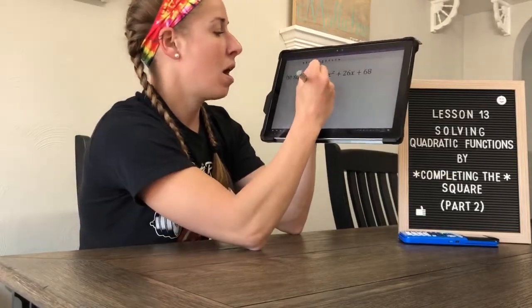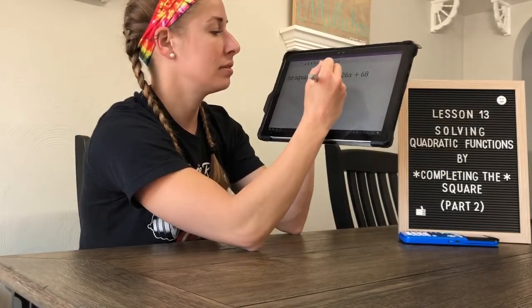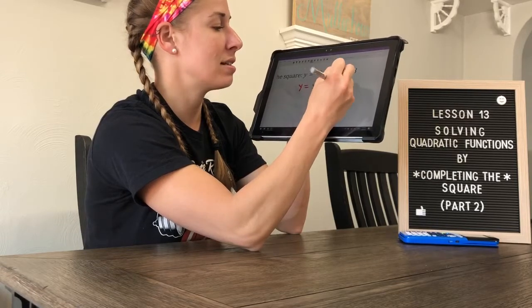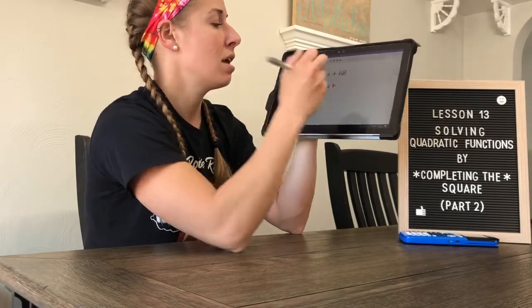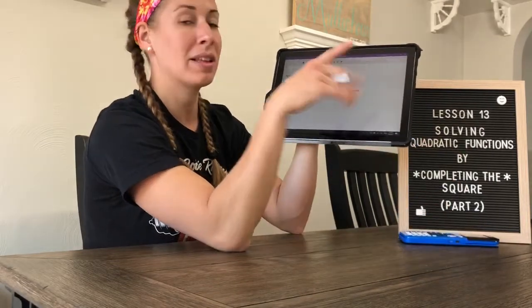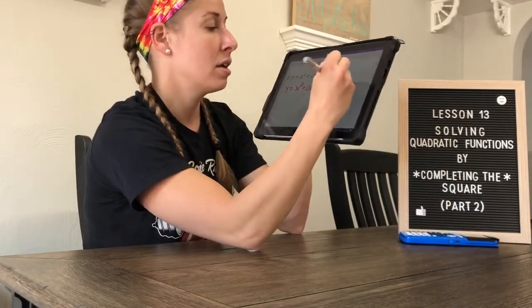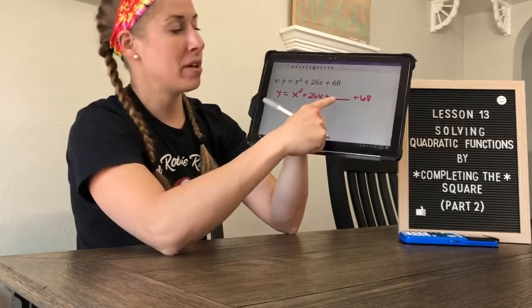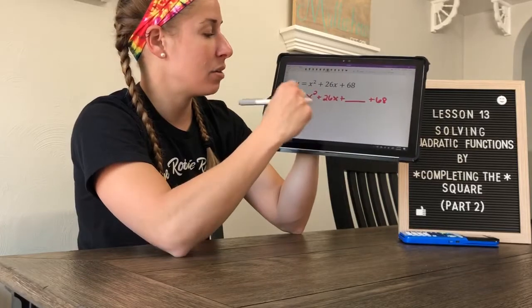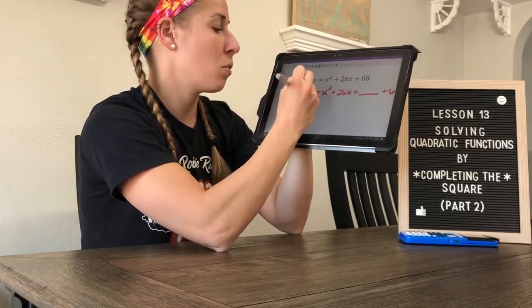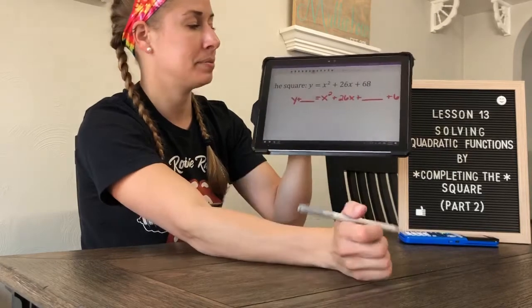So y equals x squared plus 26x plus the c value that would make that a perfect square trinomial, because we're trying to make this into a binomial squared, plus the 68. But if we add this blank to this side of the equation, we're going to have to add it to the other as well. So I'm going to leave a y plus blank here.